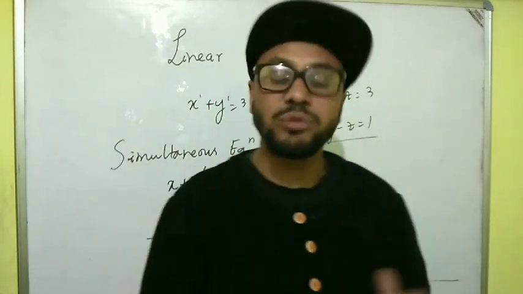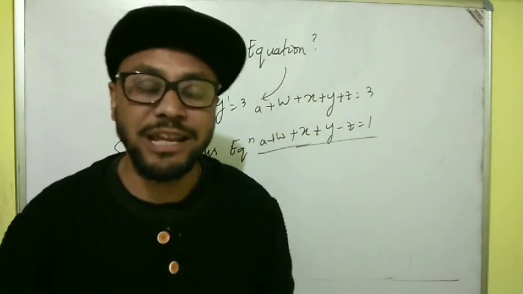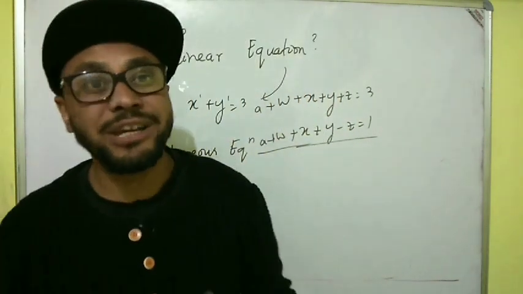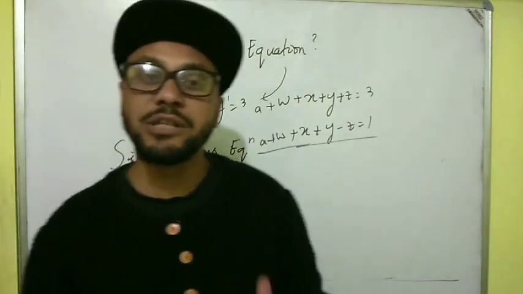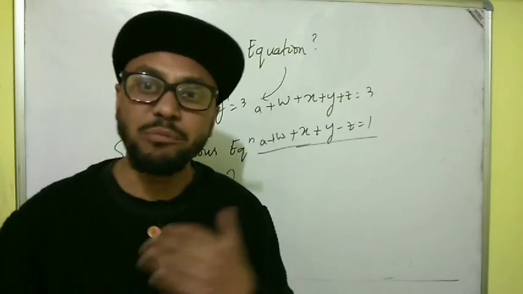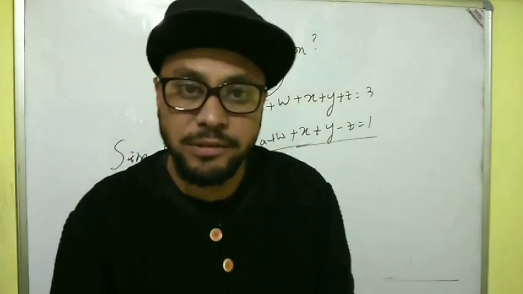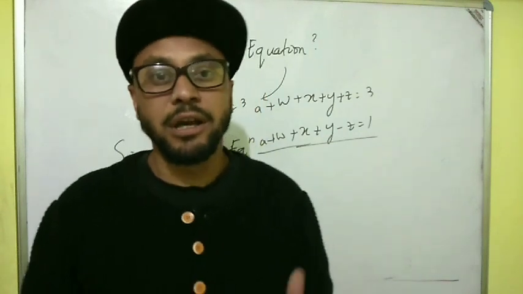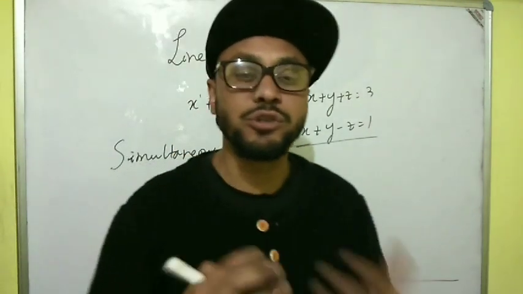To solve this kind of problem, in 1857 Arthur Cayley, a British mathematician, developed an algebraic solution to solve simultaneous linear equations with the help of a branch of mathematics which we are going to discuss today.